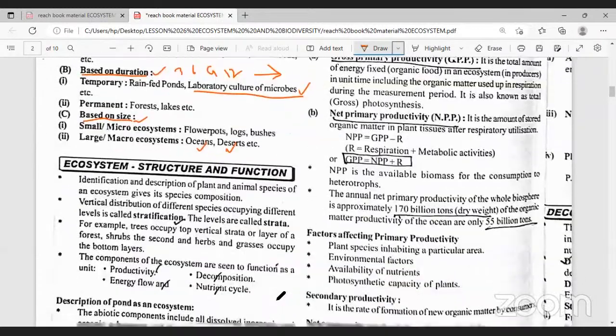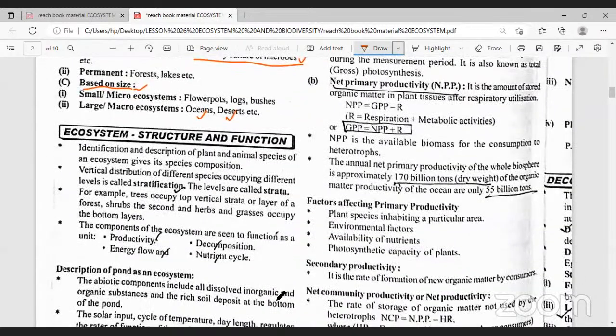So the next one we'll pass on to is called ecosystem structure and functions. In this category, what structures are there? The identification and the description of the plant and animal species of the ecosystem gives its species composition.